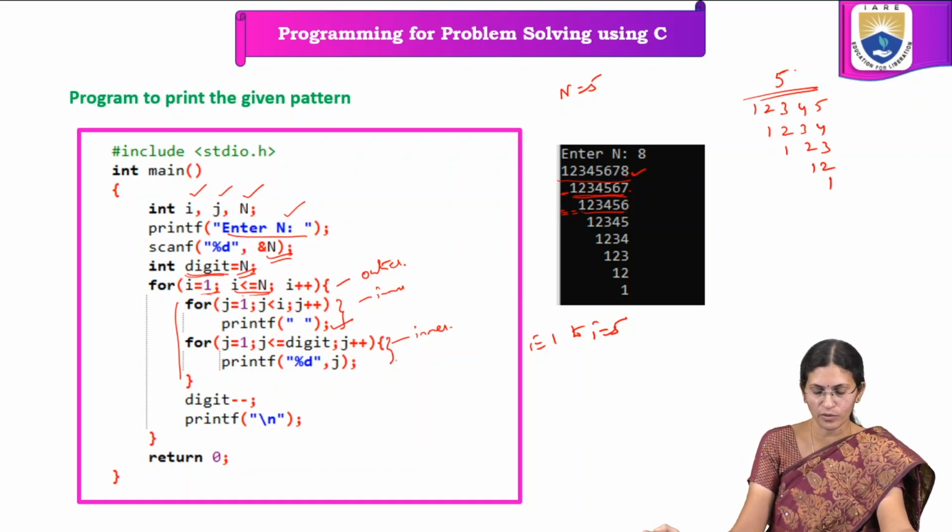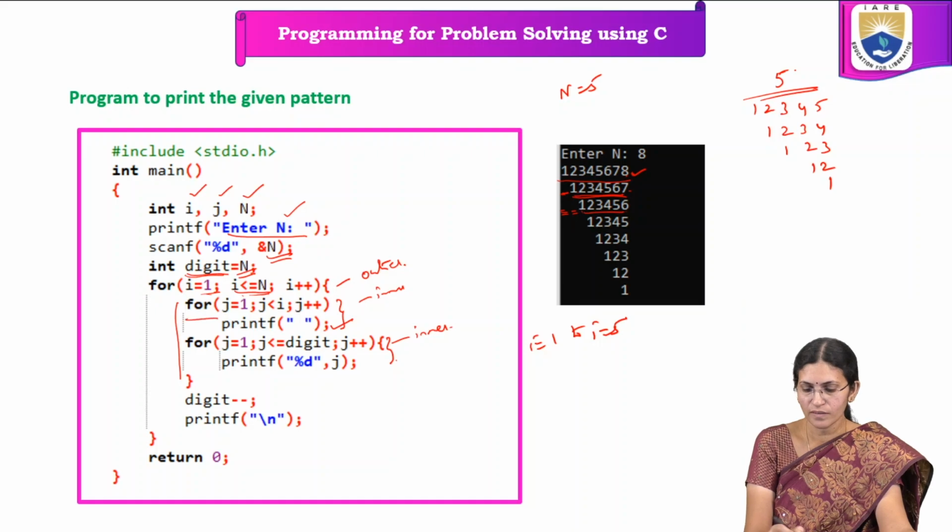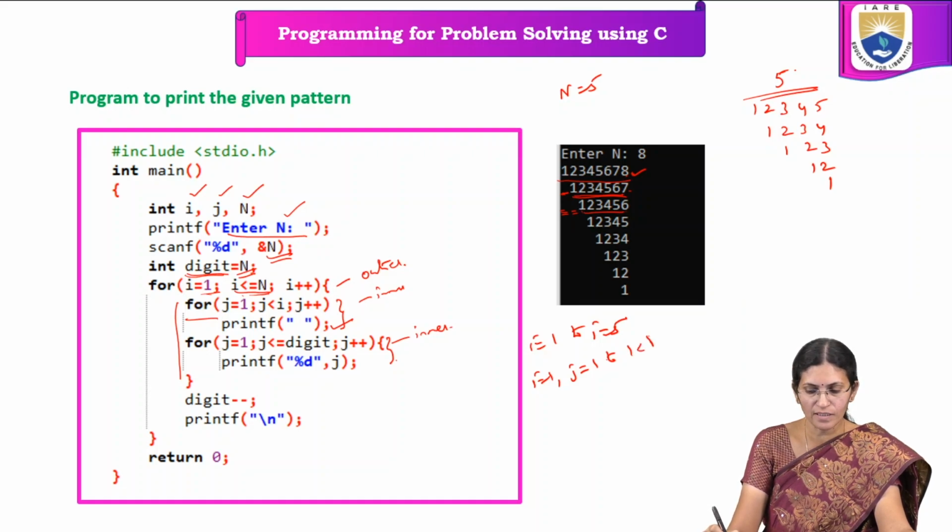For i equal to 1, j will take the value from j equal to 1 to j less than i. So 1 less than 1 becomes false. So for the first row, this statement will not be executed.